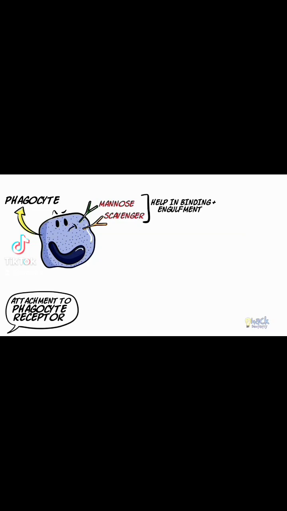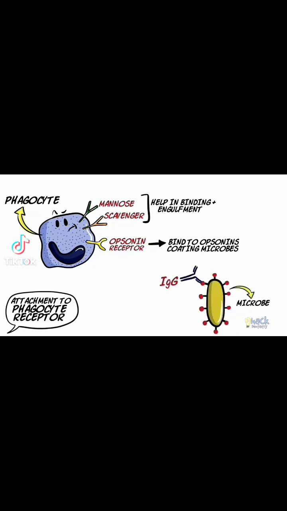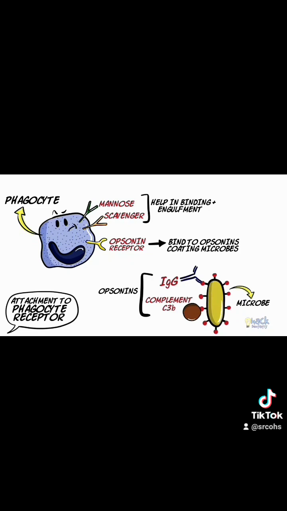Another important receptor is the opsonin receptor, which helps in binding to opsonins that have coated the cell surface of microbes. For example, immunoglobulins like IgG and complement proteins like C3b act as opsonins that could bind to the cell surface of microbes, which in turn can be recognized by opsonin receptors on phagocytes to help in engulfment of the microbe.